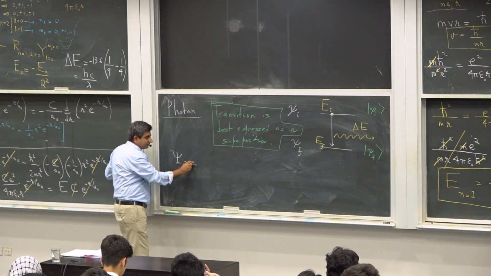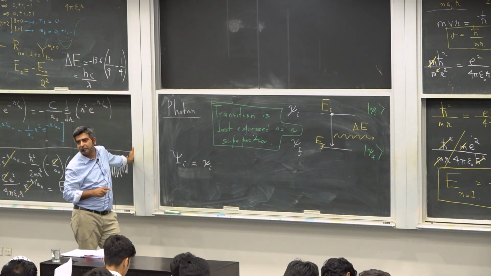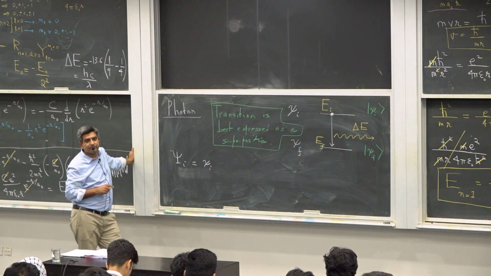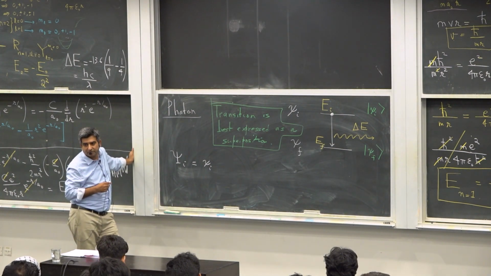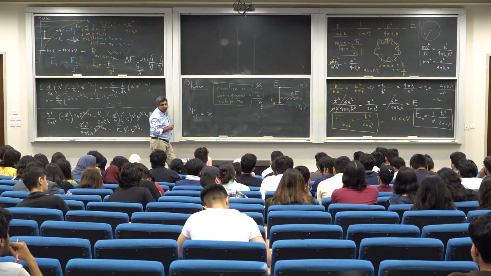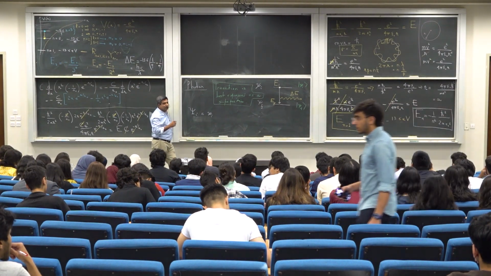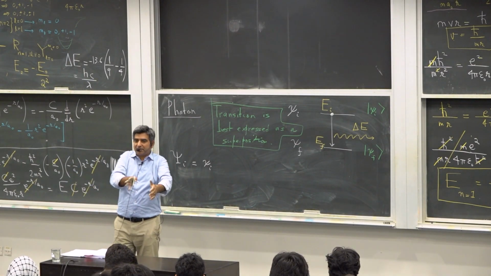It's the spatial part multiplied with the time dependent term. What is the time dependent term? Now we are invoking the time dependent Schrodinger equation. Anyone? Any guess? The wave function has a space part and a time dependent part.